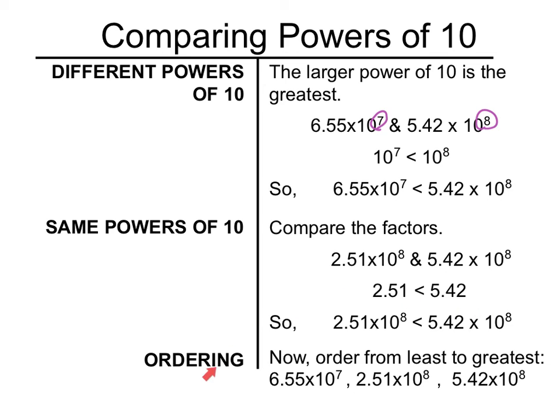And then the last thing you can do is order them. The one that was to the power of 7 was the smallest one. Then the one that had the factor of 2.51 was less than the one with the factor of 5.42. And now they're written in order from least to greatest.